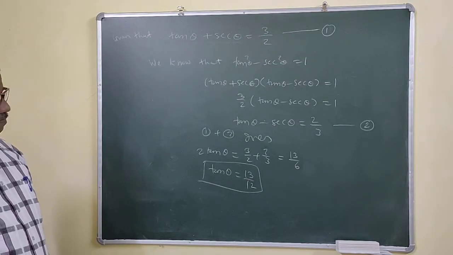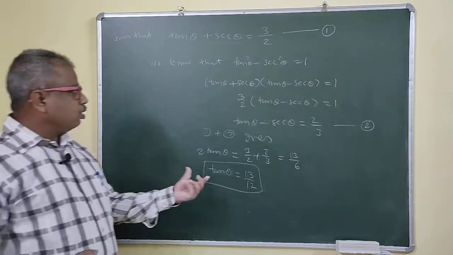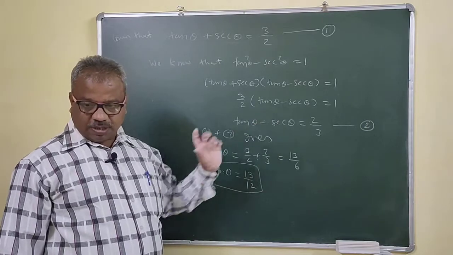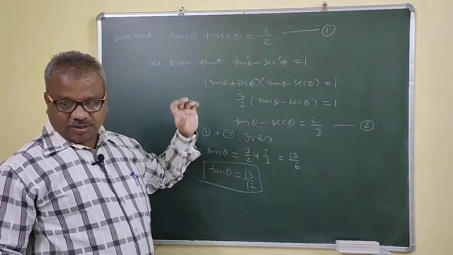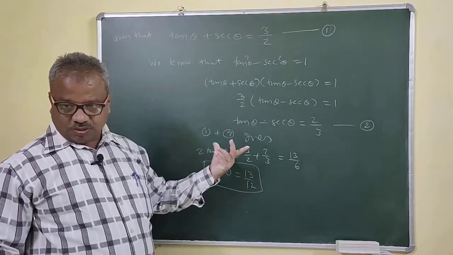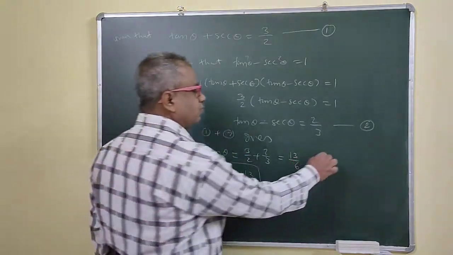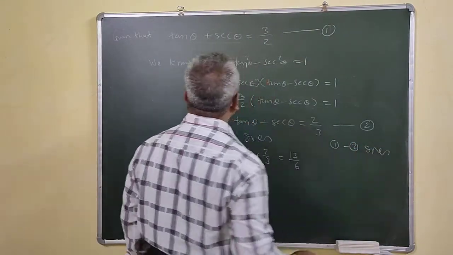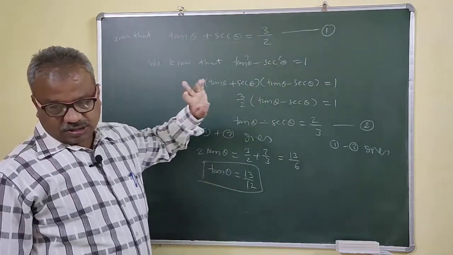Right? So now what will we do? There are two ways now. You can put the value of tan theta in equation 2 and obtain the value of sec theta. But we will take advantage of the sign in the middle. We will do 1 minus 2. That means you have to change the sign of the second equation and add.